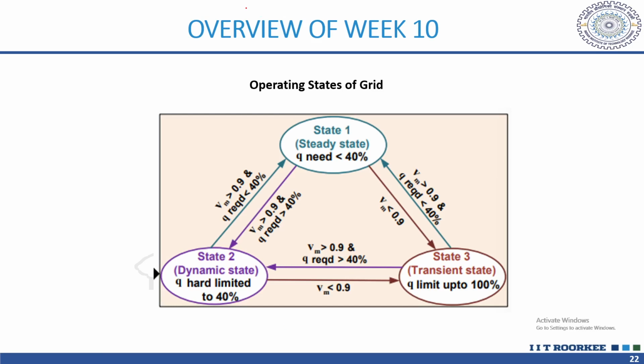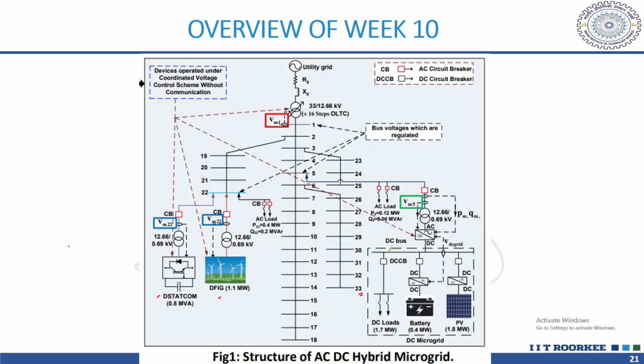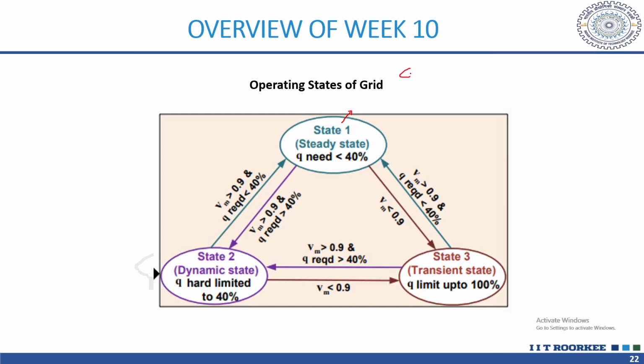The operating states of the grid are categorized into three states. In state 1, the steady state, the Q requirement is less than 40% of the rating. In the previous slide we saw that the Q rating is 0.8 MVA, so the Q required is less than 40% of this. Then we say we are in a steady state condition, and the voltage is maintained between 0.9 and 1.1.